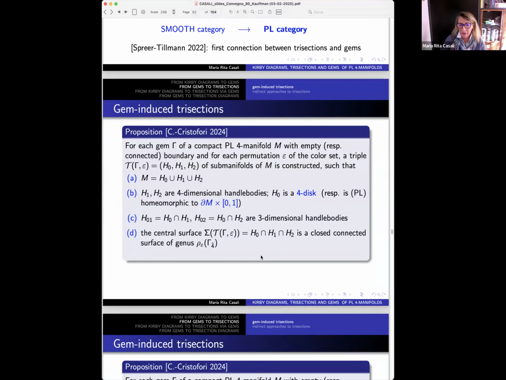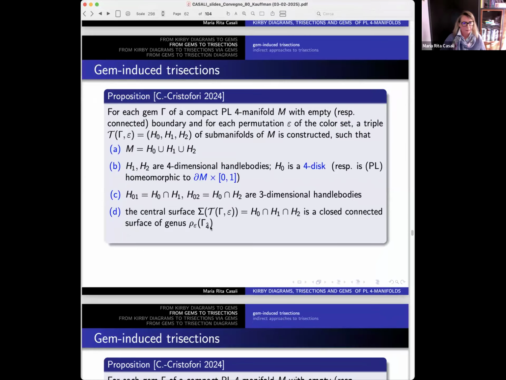Well, Paola Cristofori and I proved that each gem of a compact PL manifold with empty or connected boundary, both in the orientable and non-orientable case, induces a decomposition of the manifold which resembles a trisection. There are three four-dimensional pieces, two of which are handlebodies, while the third one is a collar on the boundary or a four-disc if the boundary is empty.